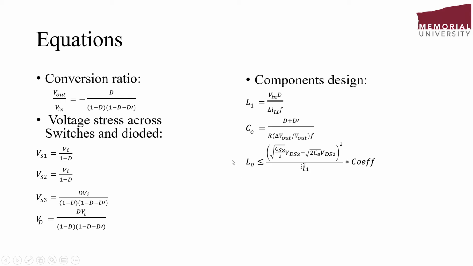And here we have this formula, which is obtained by applying the principle of conservation of energy on the snubber capacitors and Lo and Li, to be able to know the maximum value of Lo. By knowing this, we can design Lo in a way to be sure that the soft switching condition will be provided for S1 turn on and S2 turn off.